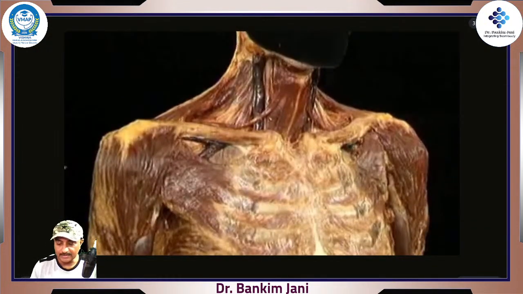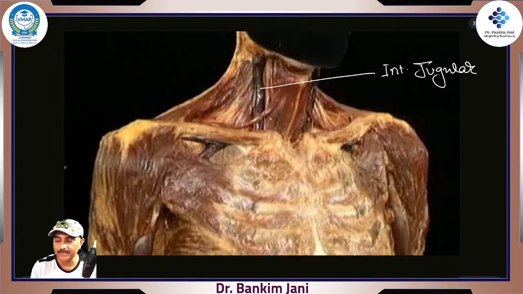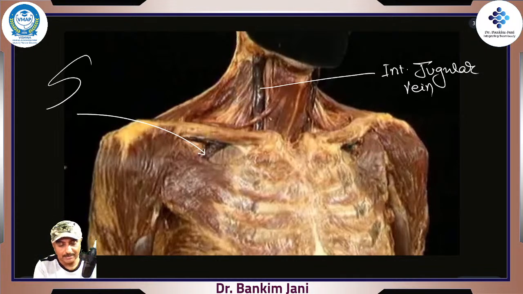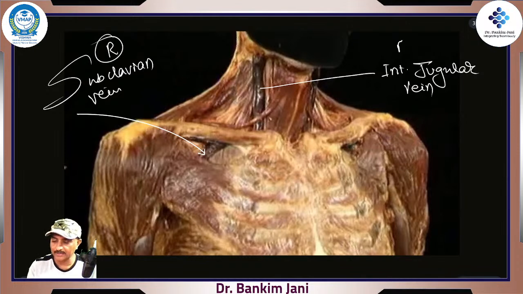This one is the internal jugular vein, and here is the subclavian vein, obviously the right one. This is the right internal jugular.